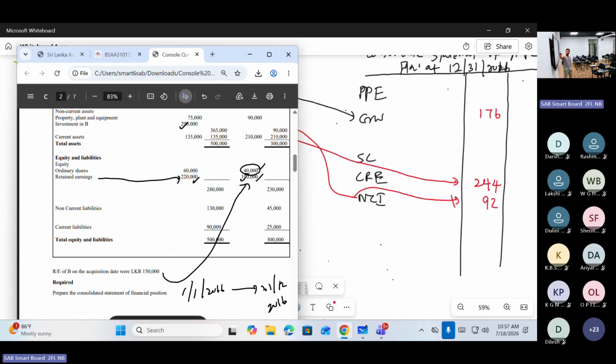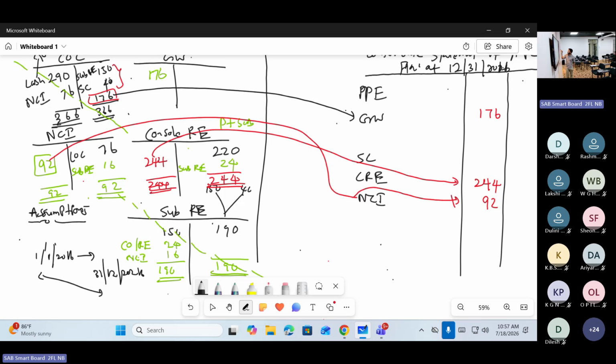Then we can take one thing: ordinary shares of the parent company. Keep remembering that. Stated capital of the parent entity 60,000. You have to take that as the stated capital of the consolidated accounts.